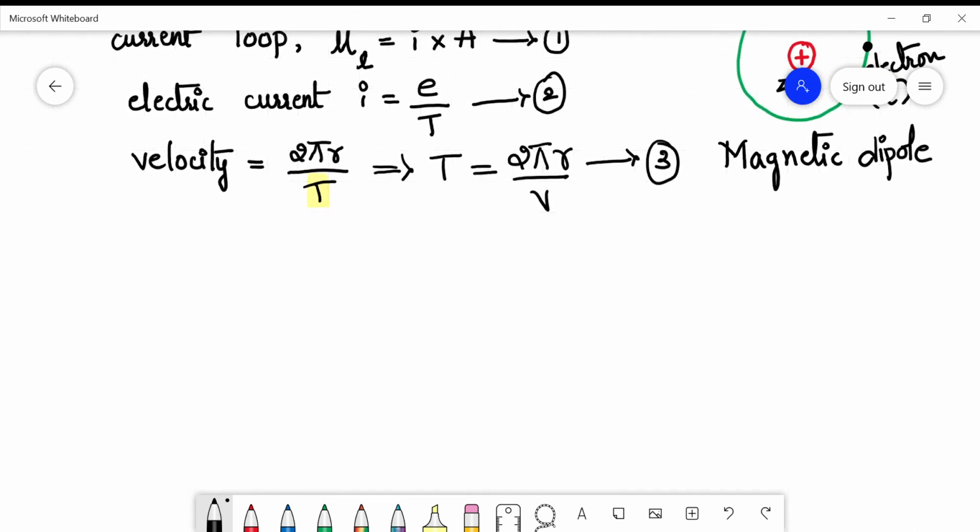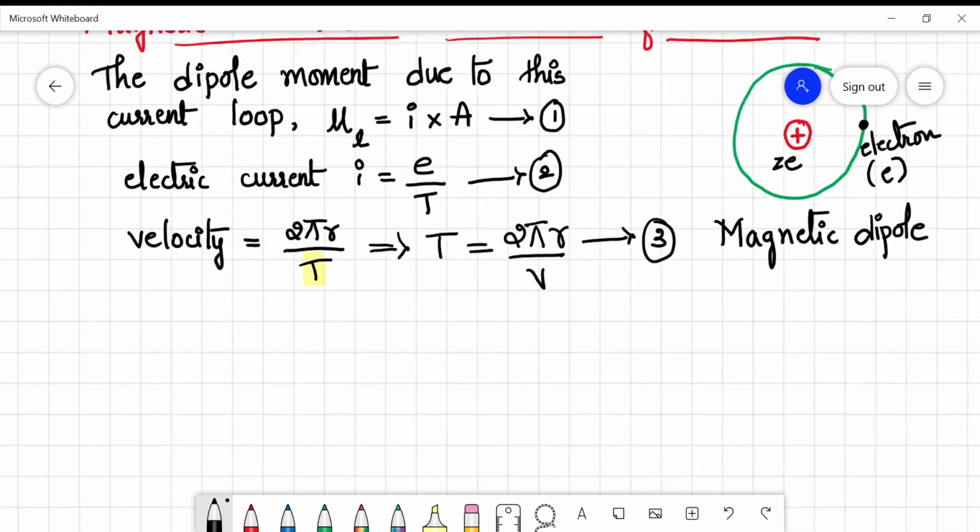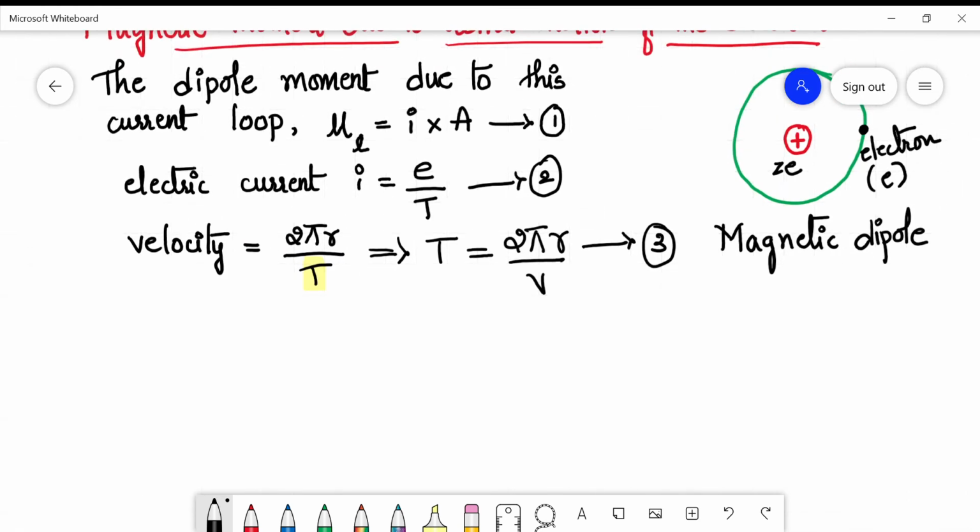Now, I can substitute the value of T from equation number 3 in equation number 2. What will I get? I is equal to e divided by 2 pi r over V, which goes to the numerator. So this will be our equation number 4.